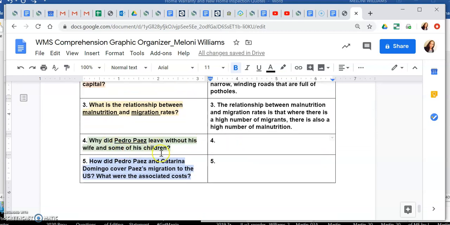Why did Pedro leave without his wife and some of his children? So Pedro left to the U.S. in hopes of seeking better opportunity for his family.